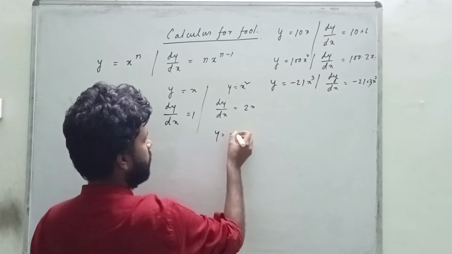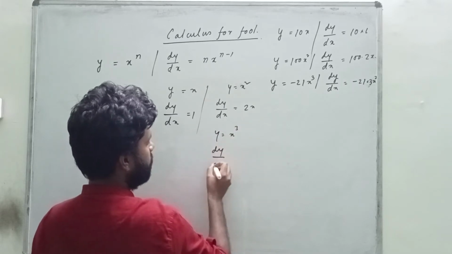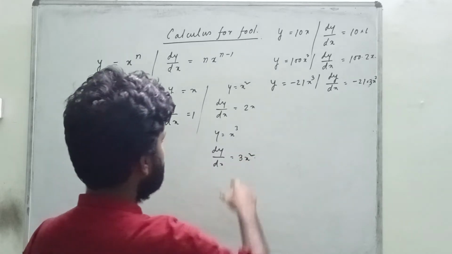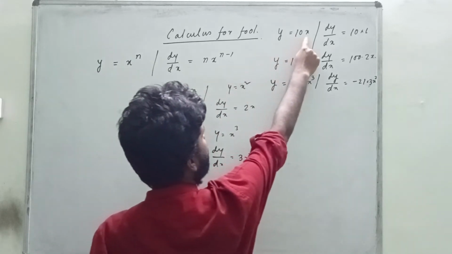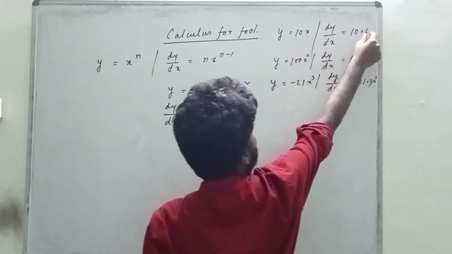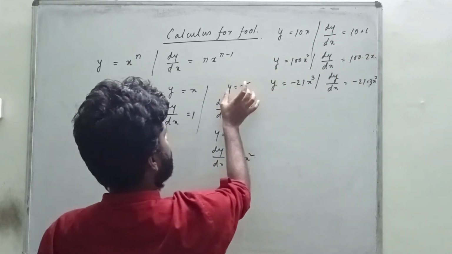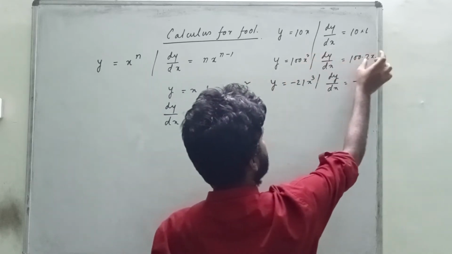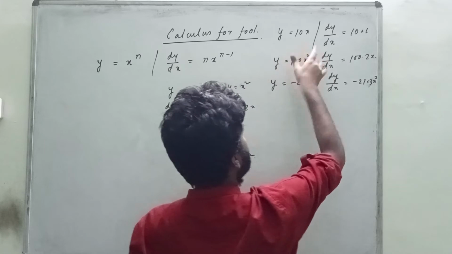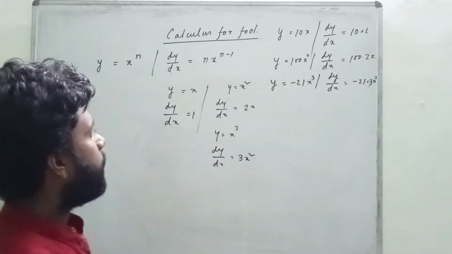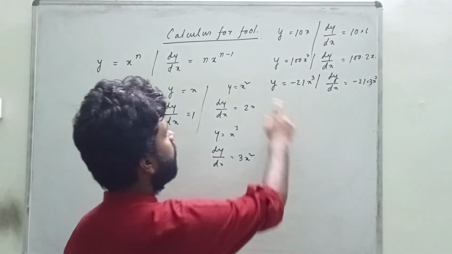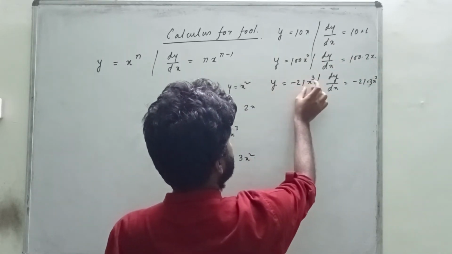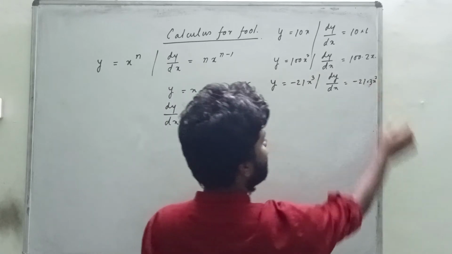If y equals x cube, then dy dx becomes 3x squared.